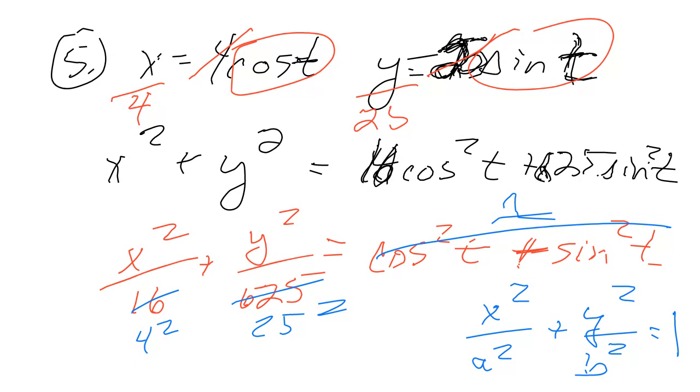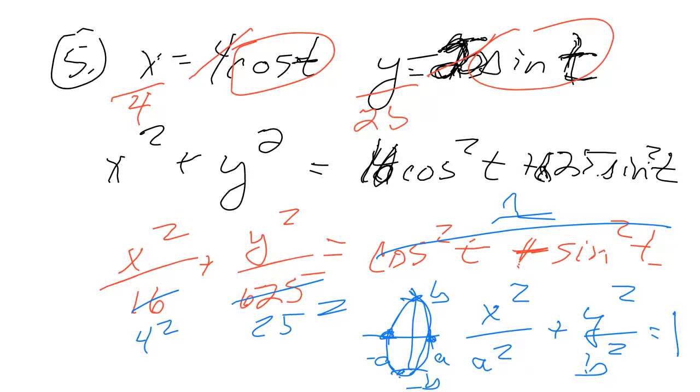I believe. But anyway, this would be an ellipse where you go over a and left a for the x's, right? And then up b, down b for the y's. And anyway, it ends up being an ellipse like that.